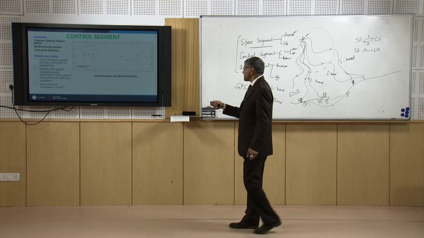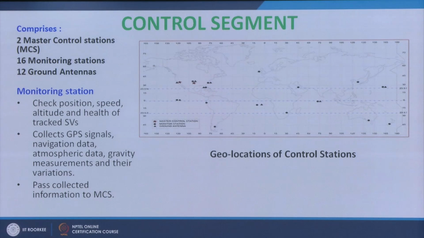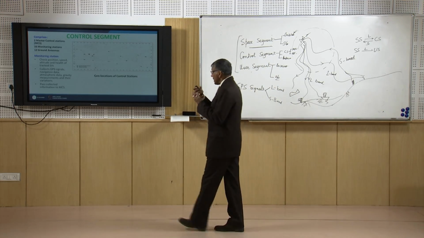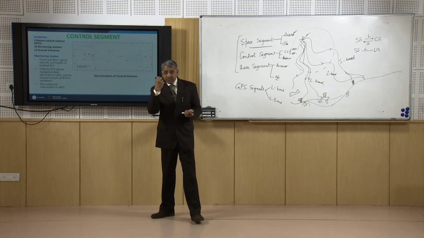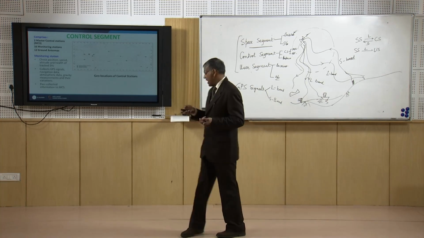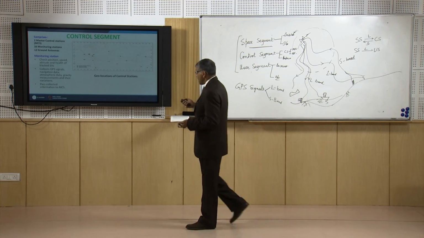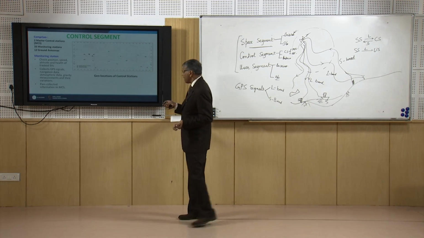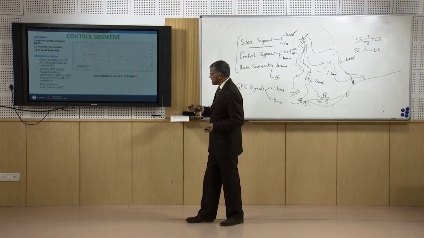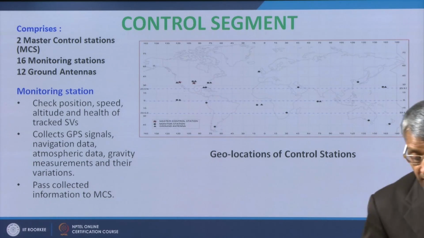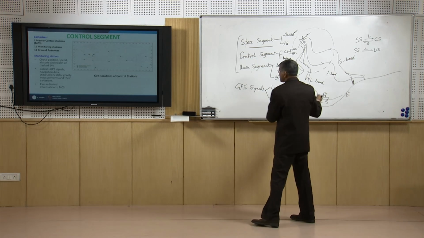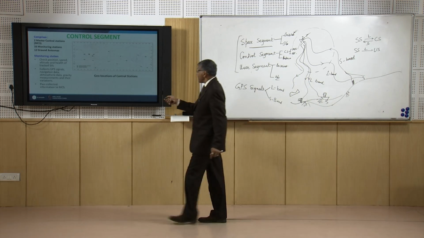So monitoring stations monitor the satellites revolving around the earth, they receive signals and also take many other data from the satellites, and they send those data to the master control station.